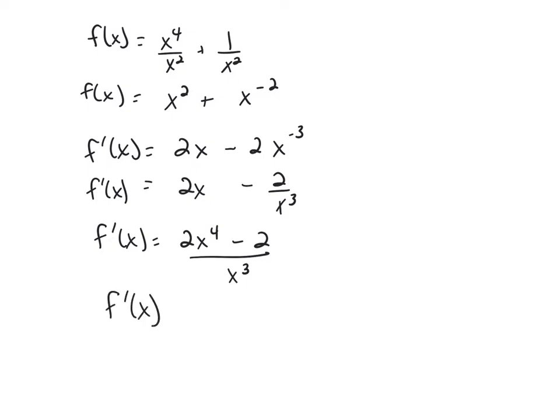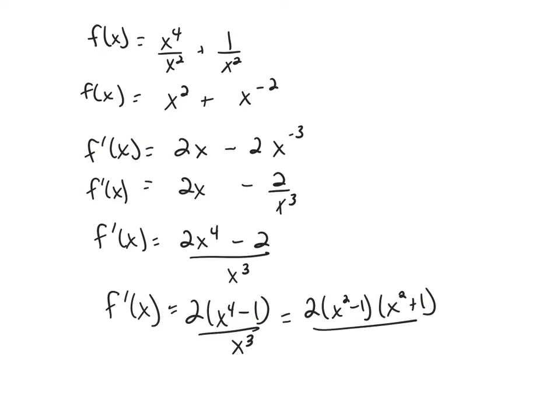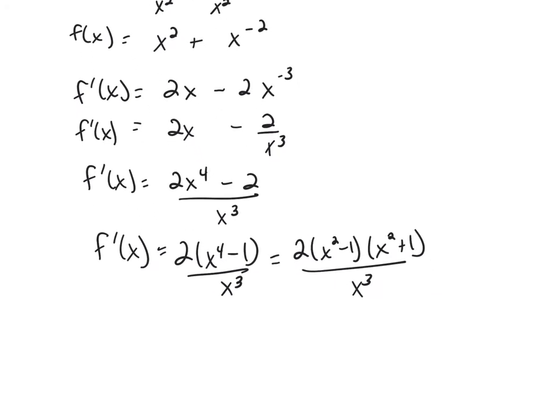If I go ahead and factor the 2 out, and then I want to factor the numerator as much as I possibly can. So this will factor into 2x squared minus 1, x squared plus 1. And then you can factor x squared minus 1. It's a difference of squares, so you can factor it as x minus 1, x plus 1.